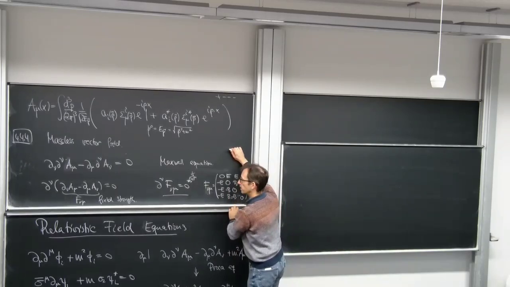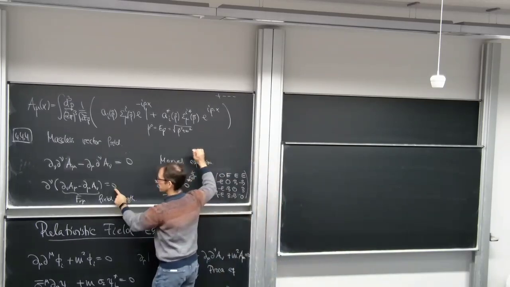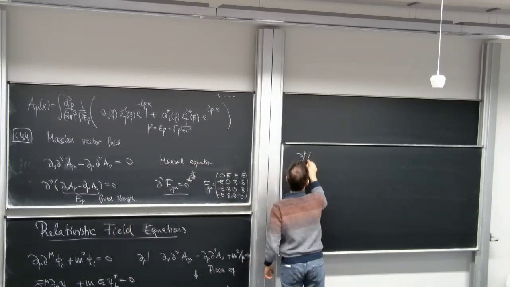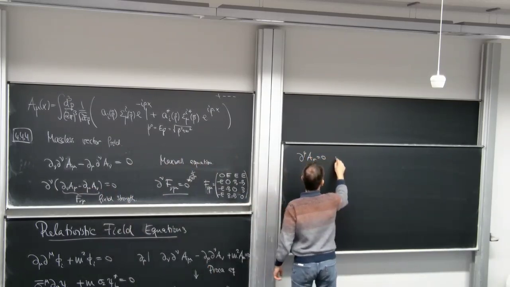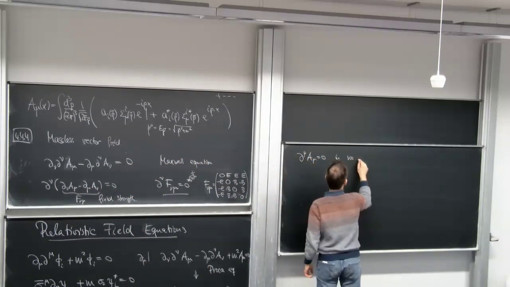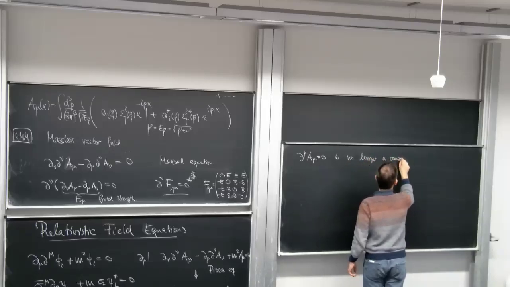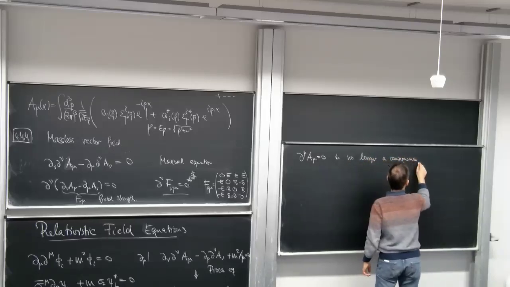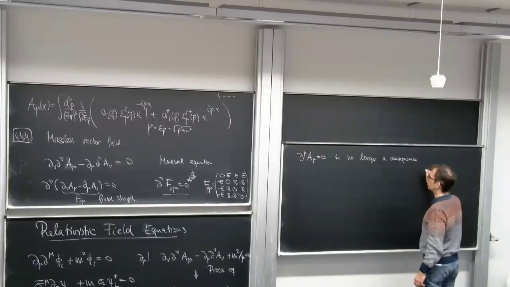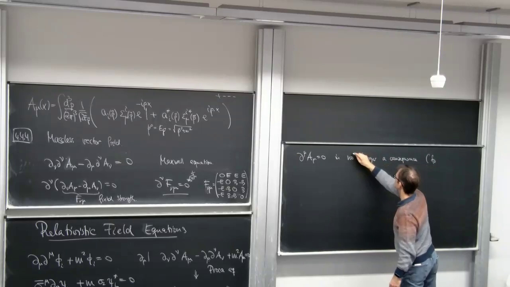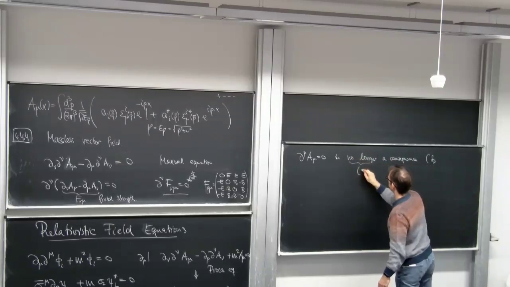So d mu A mu is no longer the consequence of the equation of motion, and no longer means or equals 0.